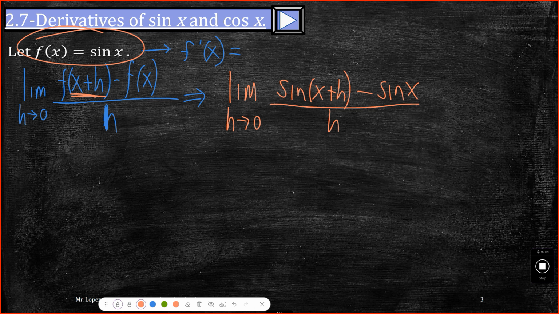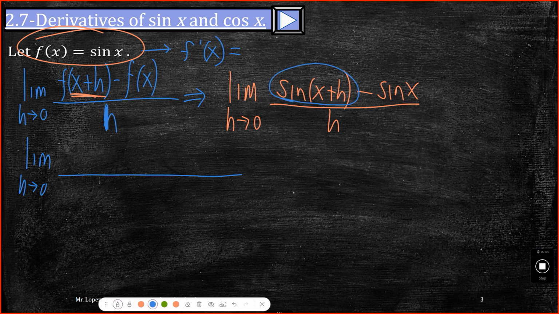So we did that warm up and those identities, so we can do this expansion of sine x plus h, which is just the first identity that we did. So this is going to be the limit as h approaches 0. So what was that identity? Let's remember.